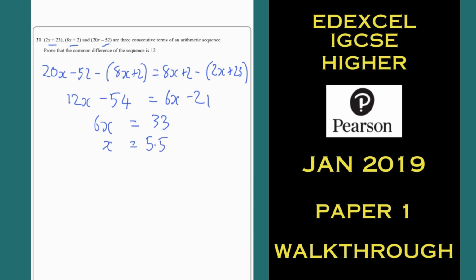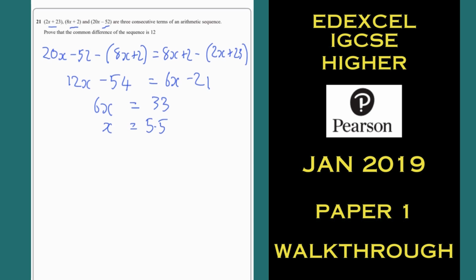Nowhere near finishing yet. What we need to do is write down the terms. That means the first term is 2 lots of x plus 23. In other words, 34. The second term, they might say, do I need to show all this working out?